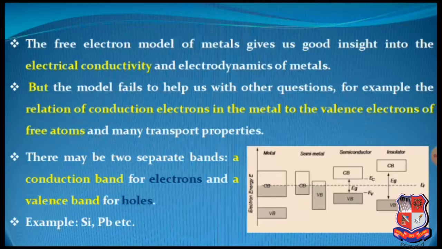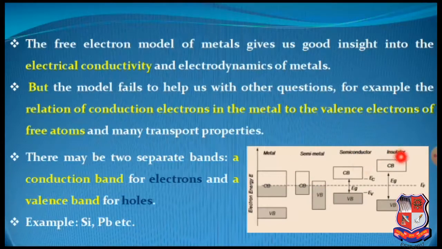Till now, you just have to focus on the conduction band and valence band. If you observe metal and semi-metal, there is no energy gap. There is just a minor difference in the positions of the conduction and valence bands.